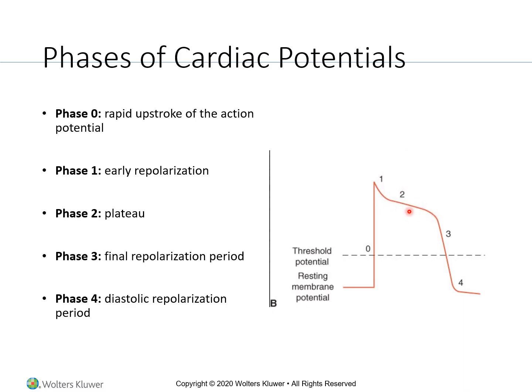And so calcium is what is responsible for this plateauing. And that is creating, again, more efficiency, more time for contraction in that pumping mechanism of the heart itself. So again, slow calcium channels are open. We get this slow influx of calcium that maintains this positive ion polarity that we see during the phase 2 plateau.